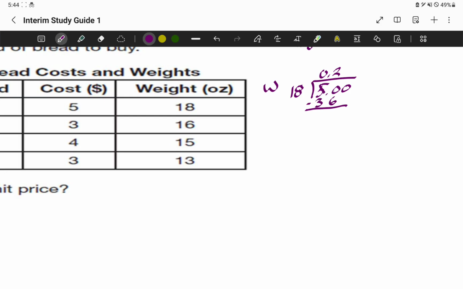So we borrow. Bring down the 0. And so then 18 goes into 140. And you know, if you need to, you do your table.